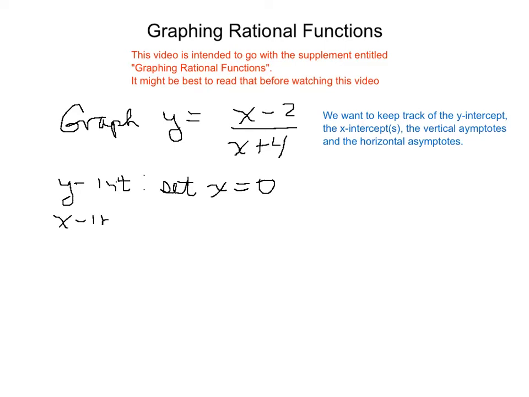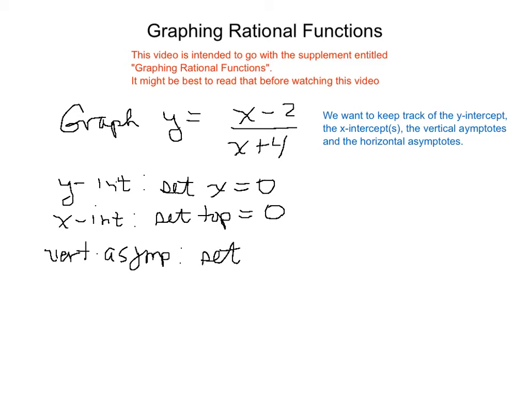To get the x-intercept, we set the top equal to 0, because we'll have an x-intercept, in other words a root or a 0, when the top is 0. What's next? To get the vertical asymptote, we set the bottom equal to 0.